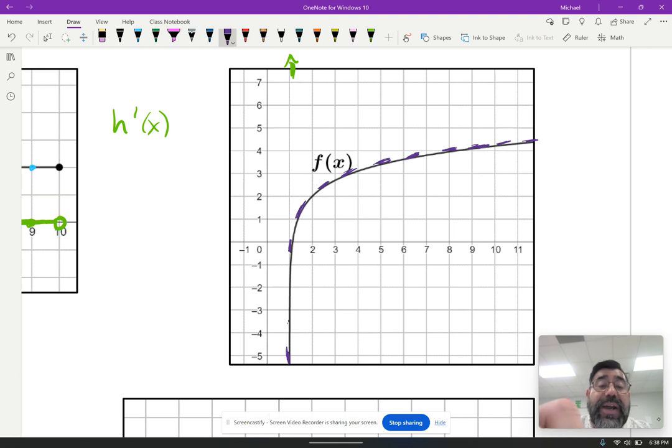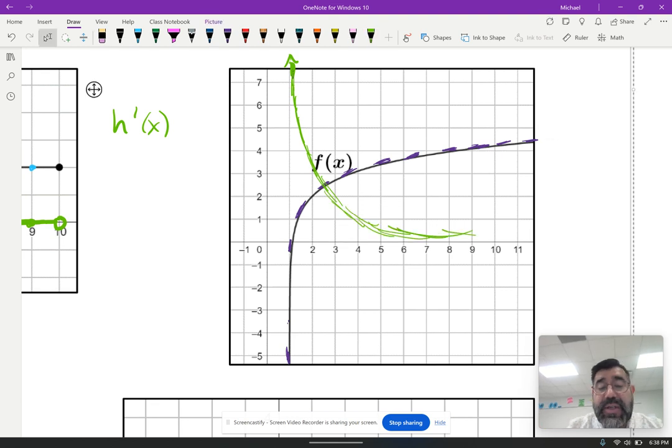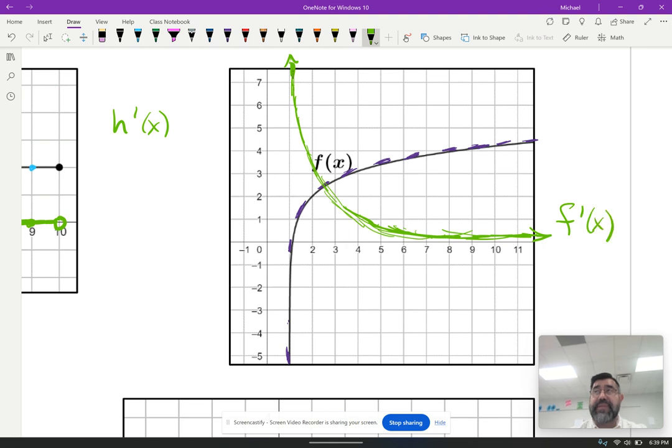Then my derivative graph is going to start really, really positive, and it's going to get less positive, less positive, less positive, and it's going to approach 0. This could be the graph of f prime of x.